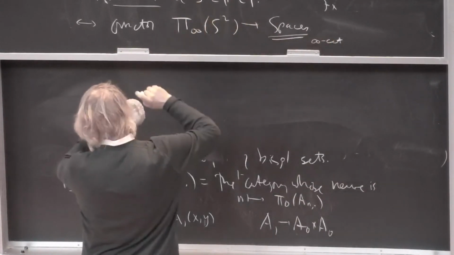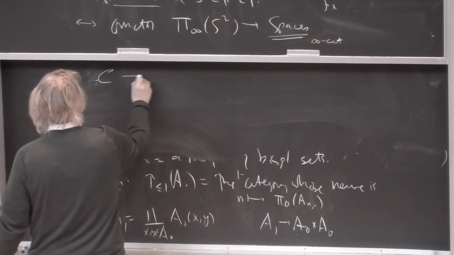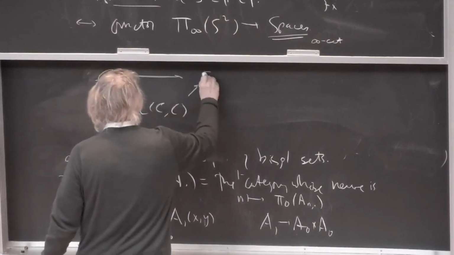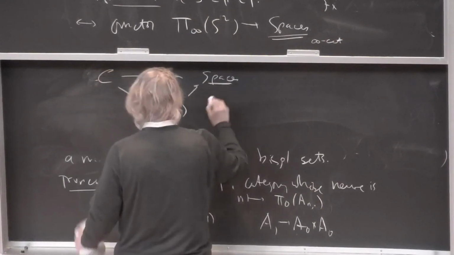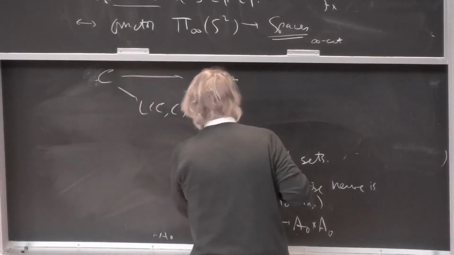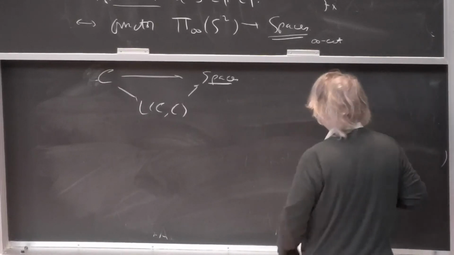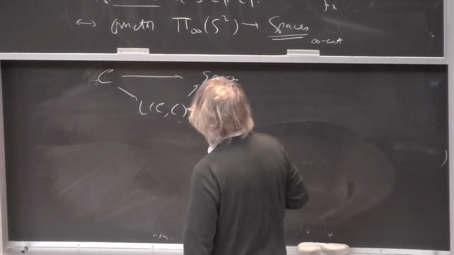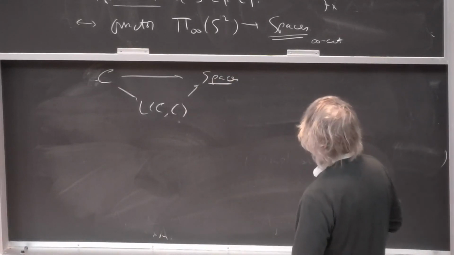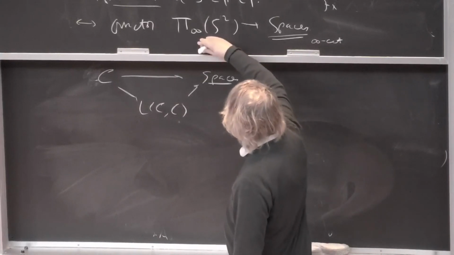The universal property of localization tells us that we should have a factorization. Having a map from C into spaces that sends all of the elements to equivalences should give us a map from the localization into spaces. So this is not a proof, but a plausibility argument that it looks quite likely that this thing should be the same as that.